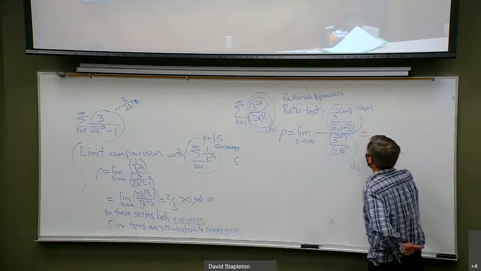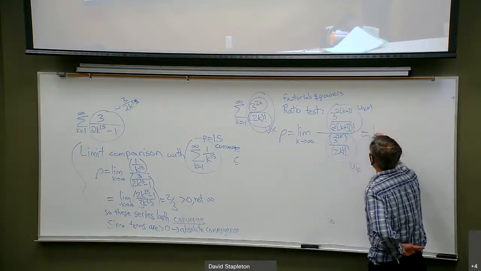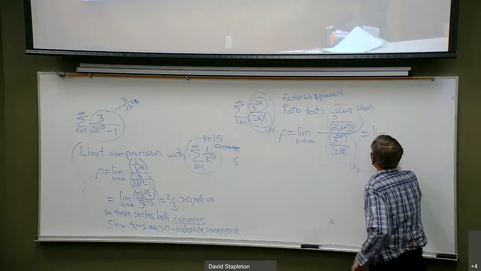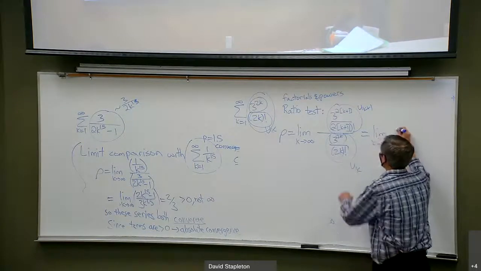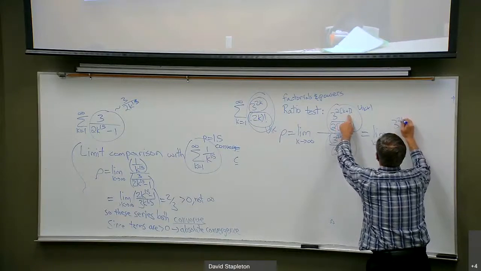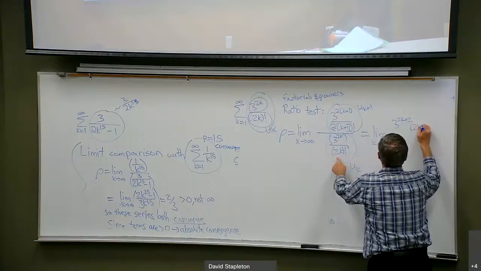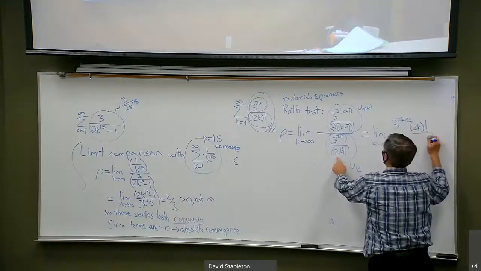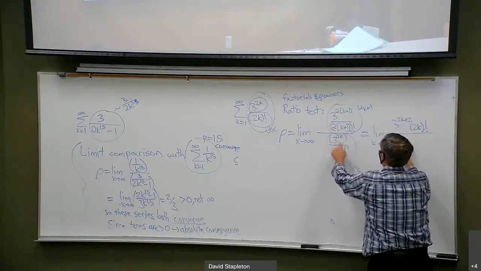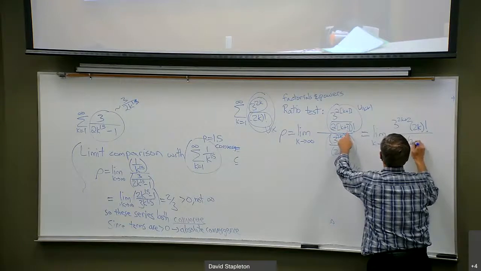Well, now how do we deal with this? We take top times bottom over middle times middle. We'll take limit k goes to infinity of 3 to the 2k plus 2 if I multiply that out, times bottom is 2k factorial over middle times middle. 3 to the 2k times 2k plus 2 factorial.